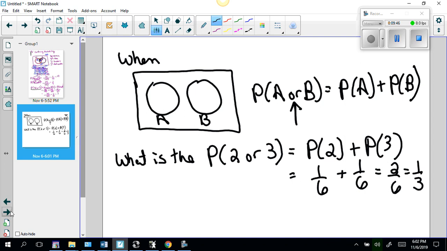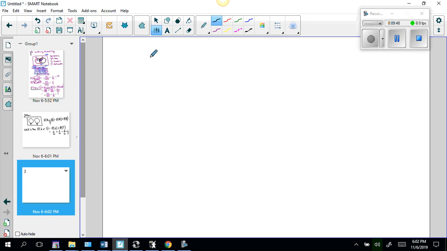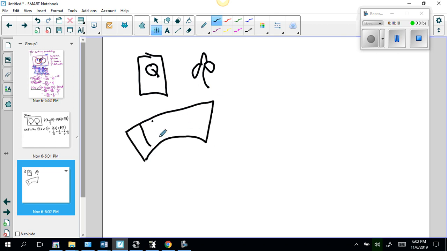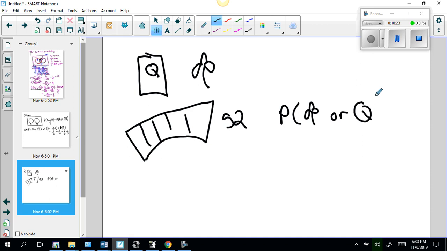Now, deck of cards. You got a queen, and another is a club. Clover, whatever. 3-leaf clover. I'm terrible. So you want to draw, suppose you have a standard deck of 52 cards. What is the probability of drawing a club or a queen?